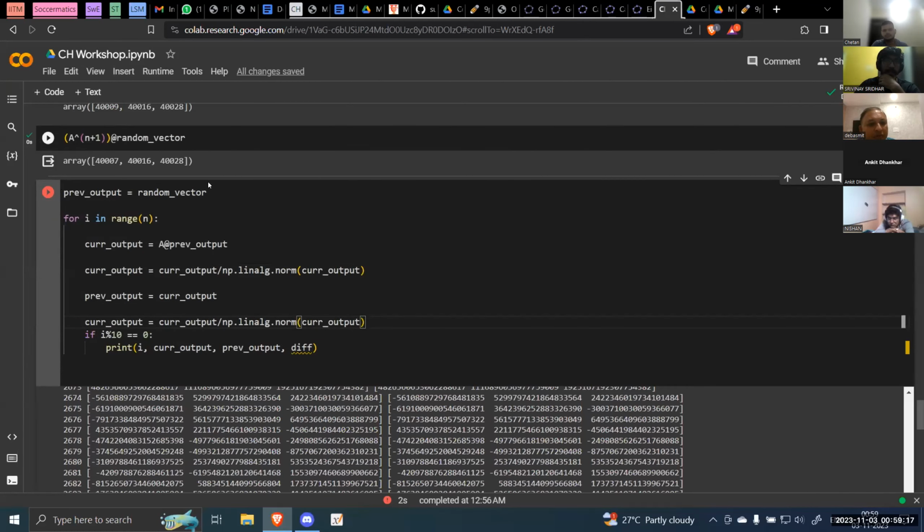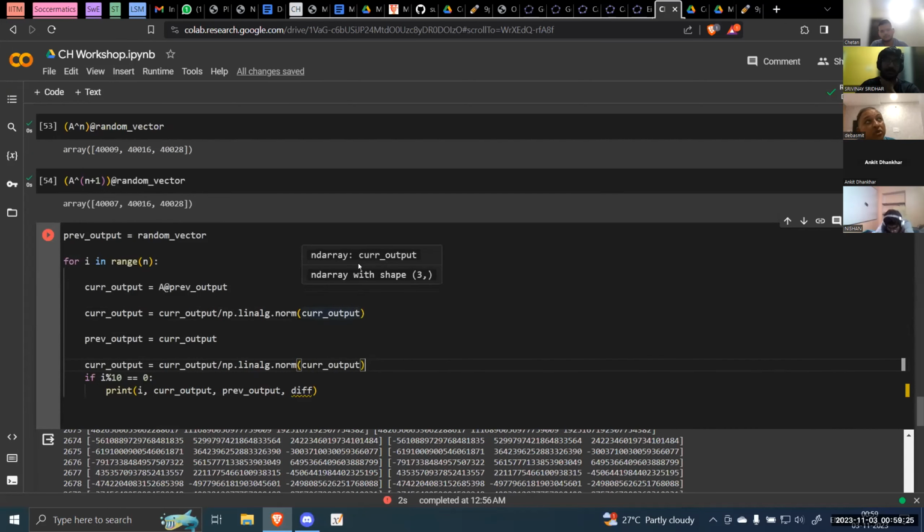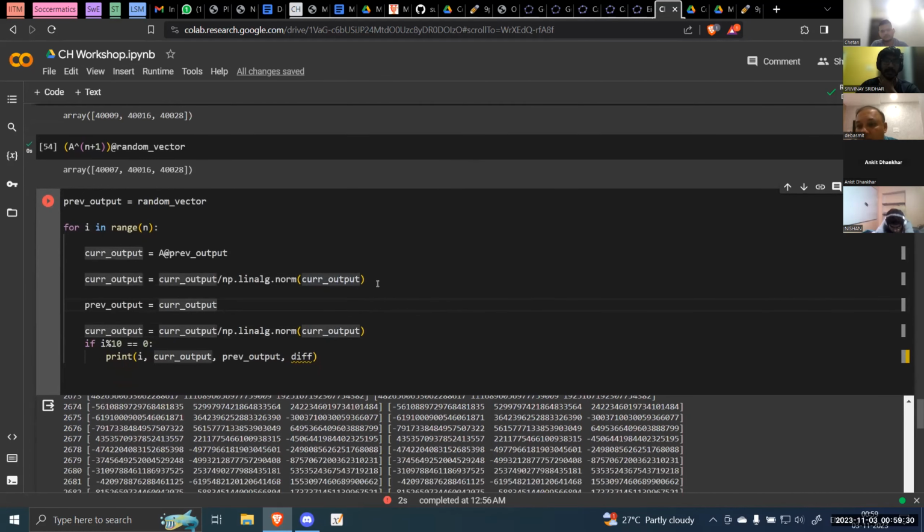So our matrix A is 3 cross 3. So 3 cross 3 multiplied by 3 cross 1 will give us a 3 cross 1. It will be a vector. Okay, so then the norm is going to be a vector norm. Okay, perfect. Fine.